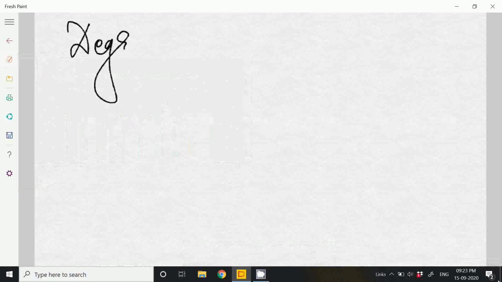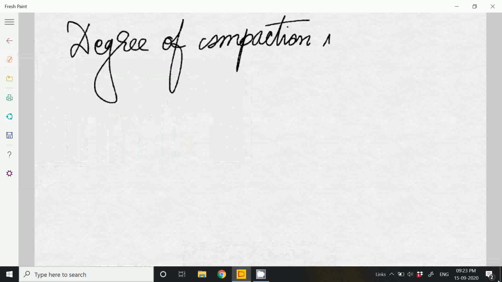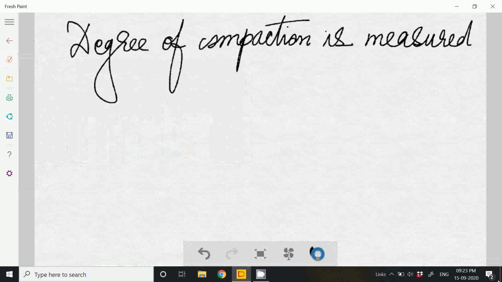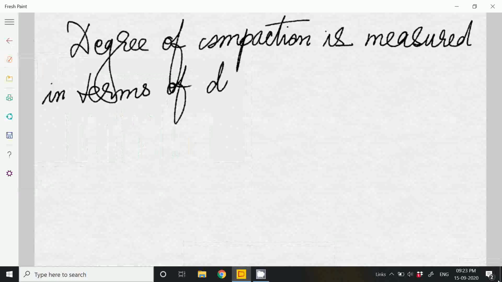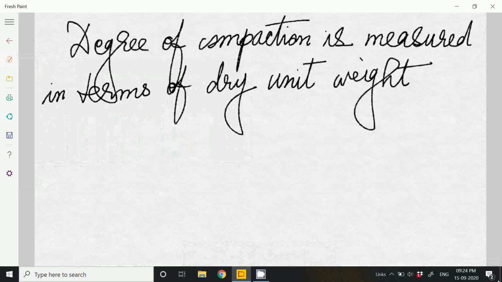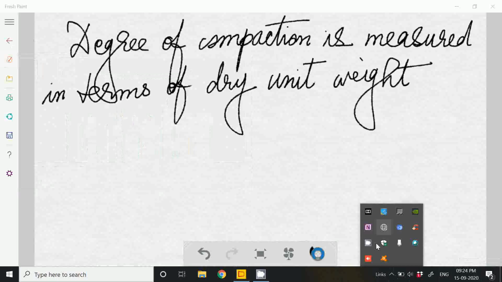So you can write it down: degree of compaction is measured in terms of dry unit weight. So you know the formula of dry unit weight.